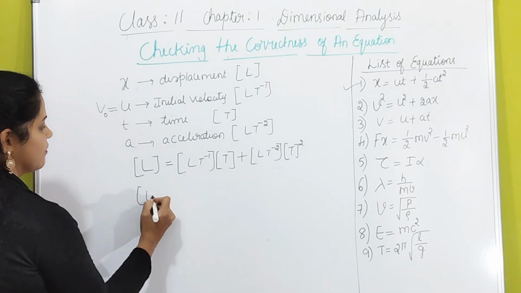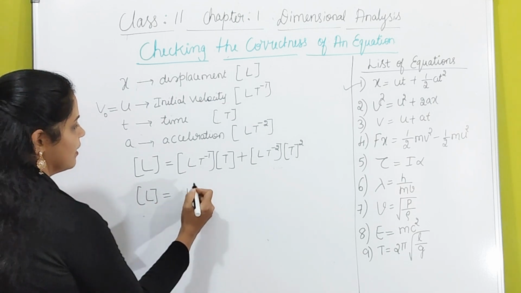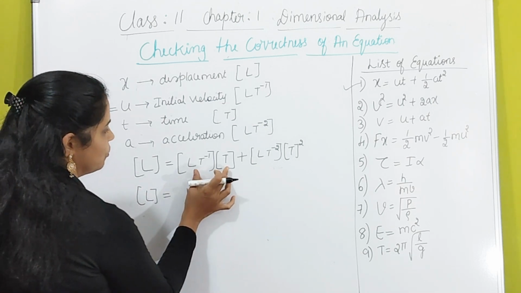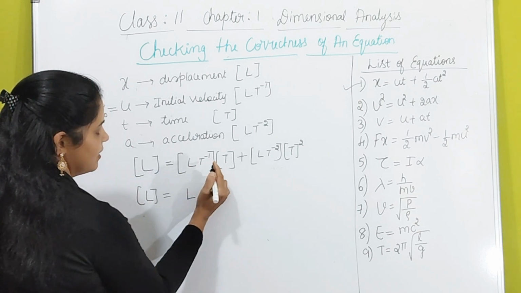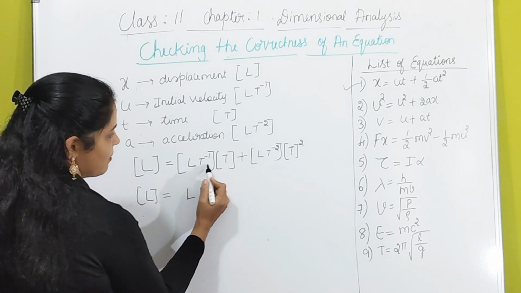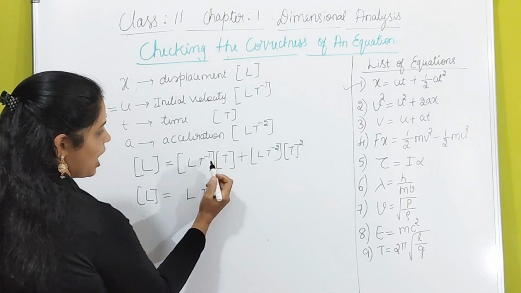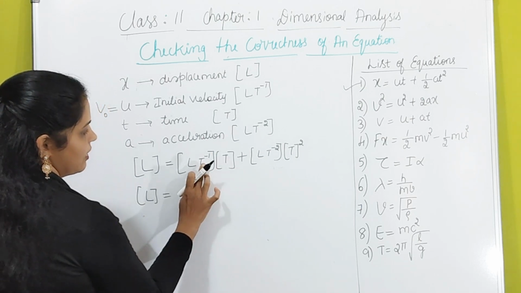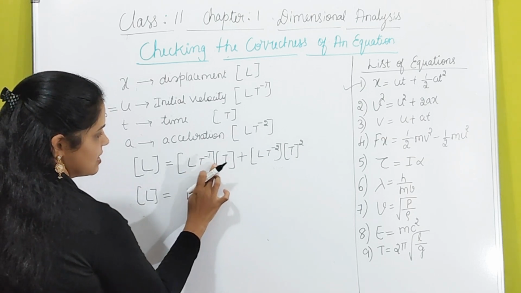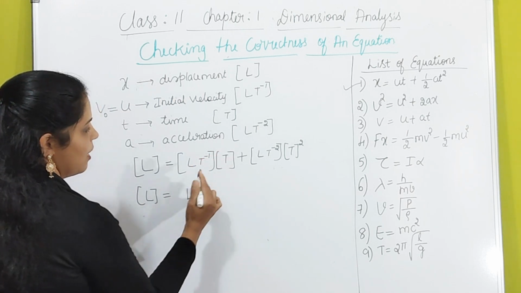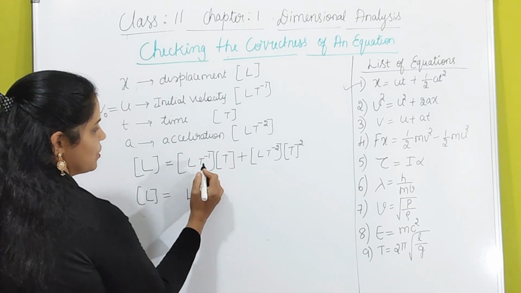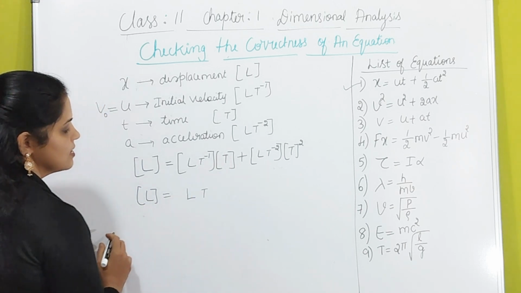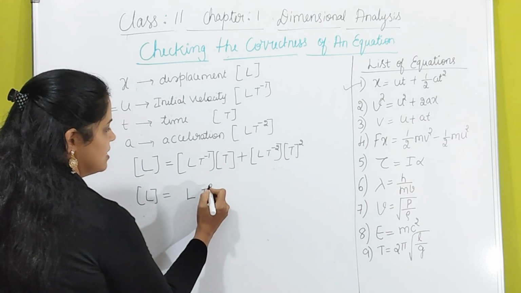Now simplify it further. L, and here there is only one term. Here there are two terms. Keep L as it is. For T, there are two terms, right? Now whenever there is a multiplication of the same base, you have to add the powers. If the base is the same, then add the powers. Minus 1 plus 1 is 0. So let us write 0.